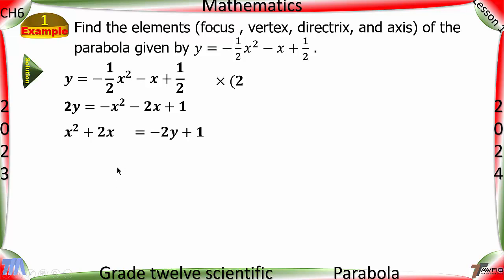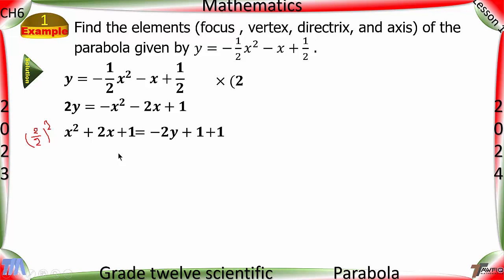Now only take the coefficient of x and divide it by 2. After that, square it. So 2 divided by 2 is 1, and 1 squared is 1. So add 1 to both sides. And now this one is a perfect square.